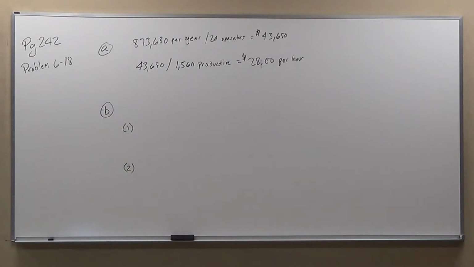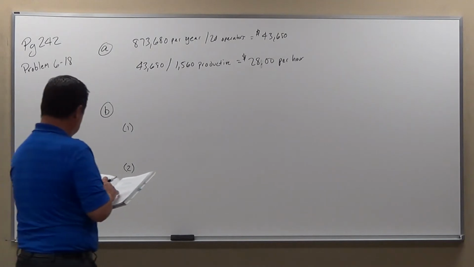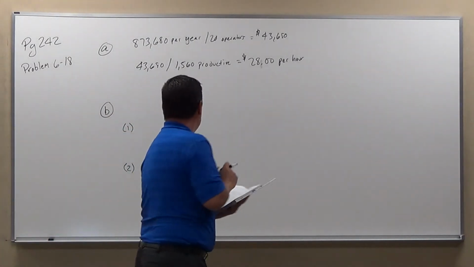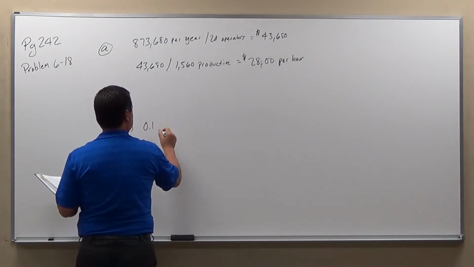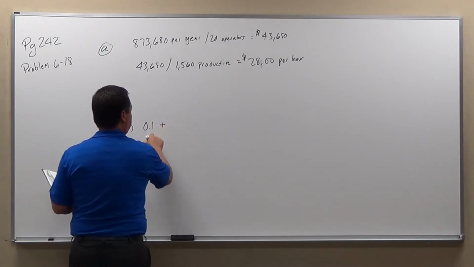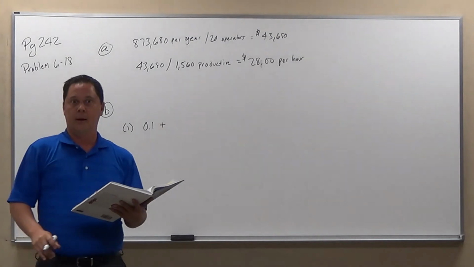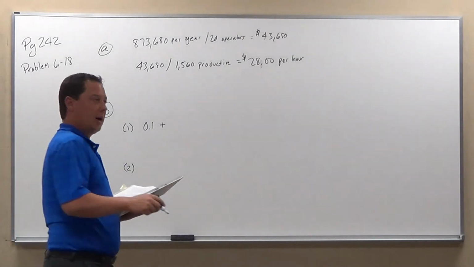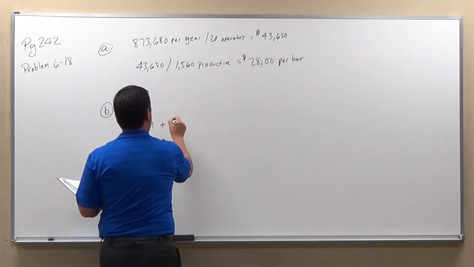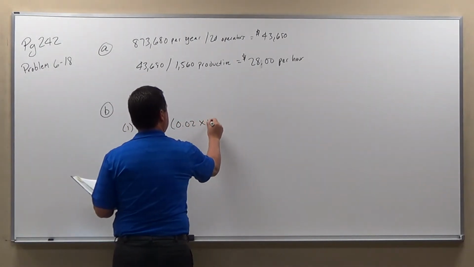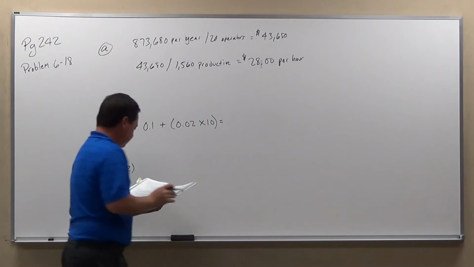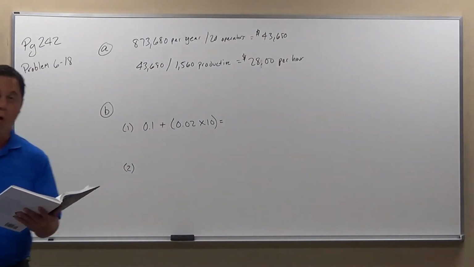So the first one is a manual order, one order with 10 line items. All right, so it costs us 0.1 hour for each order. Now remember, for each line it also costs us 0.02, and I have a 10 line item order.